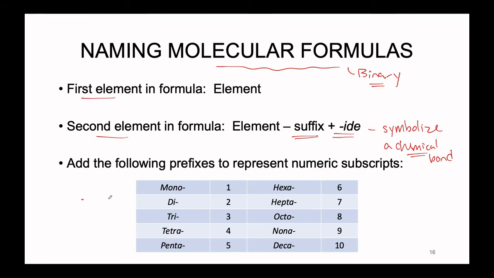The way that our molecular formulas are going to differ, though, how they are unique from the ionic formulas, is that we also have to add prefixes to specifically represent what the numeric subscript is in the chemical formula, right? We cannot reduce to the empirical formula.